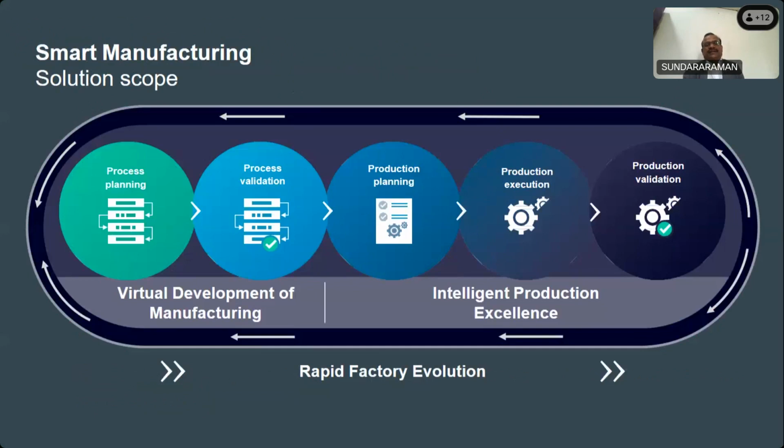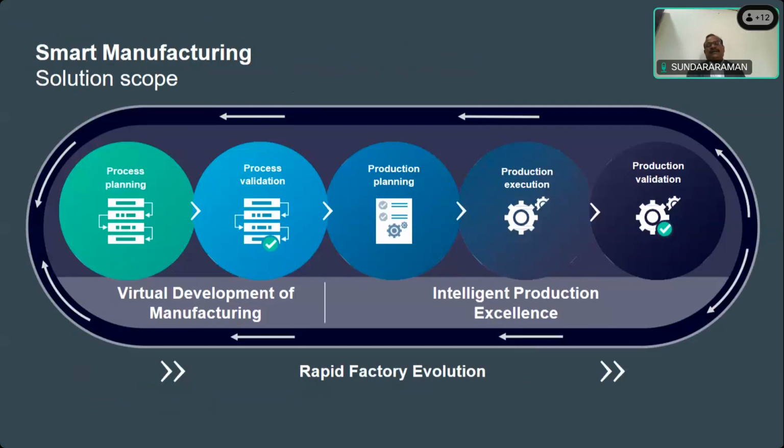Sir, I think this is nothing but smart manufacturing solutions. Basically, there is process planning, then we do the validation, then we go into production, production execution and validation. This is a basic, simple cycle where we need to plug in the data. Data is everywhere, but in most current organizations the systems are in a decentralized mode.